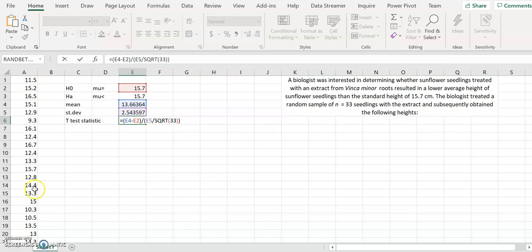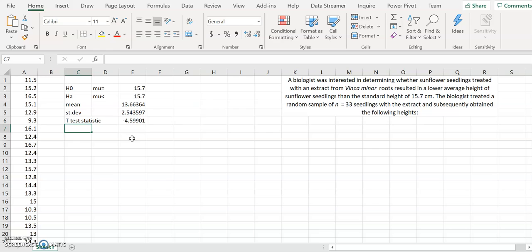And we have n equals 33 samples. It says right in the problem. And remember, this is the standard deviation of the sampling distribution. So this is how the mean varies, not how an individual sample varies. And so we get minus 4.599.